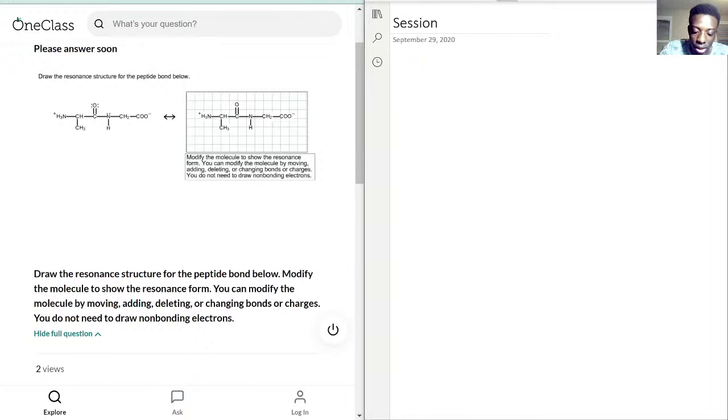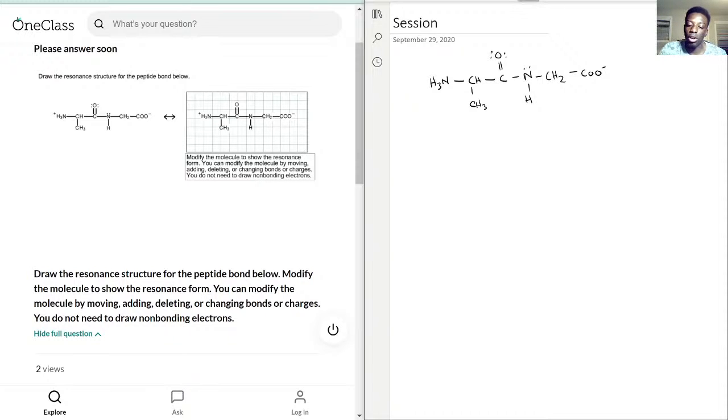If I drew it out, it'd just be, as they wrote, H3N attached to a carbon. That's a carbon chain, and this attached to another carbon, which has an O up top. Another nitrogen, hydrogen, carbon, and then COO minus. So this is what they've given us, and they say draw a resonance structure.